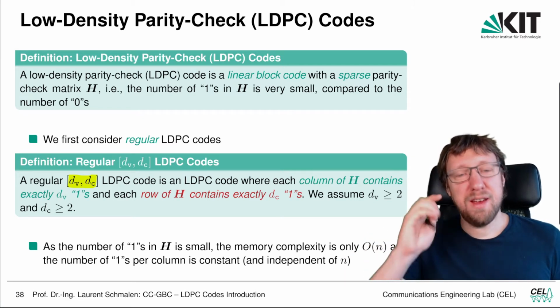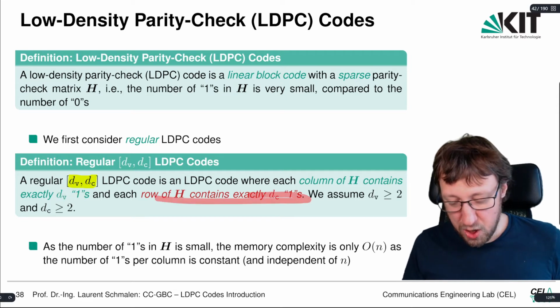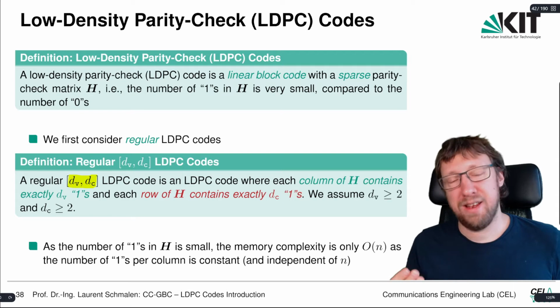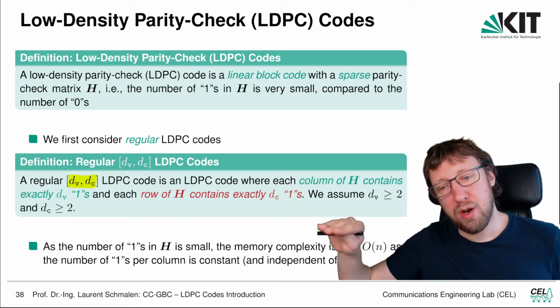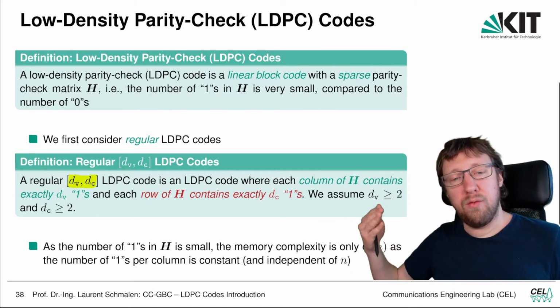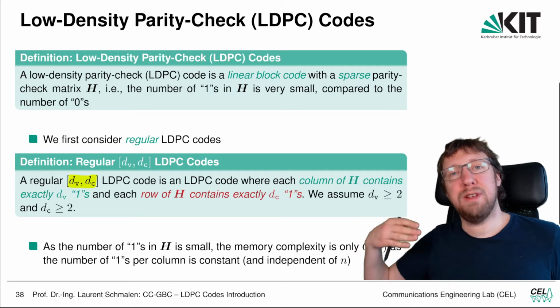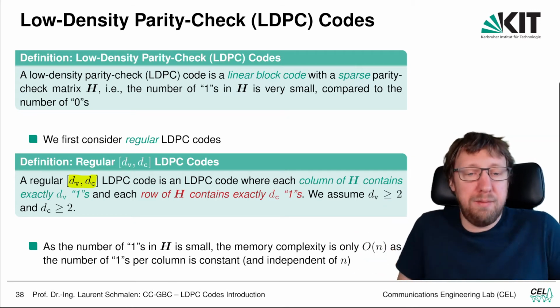So dv is in the column and dc is in the row. dc stands for check, parity check equation. Each row of H corresponds to a check equation, so we have dc ones involved in this parity check. That's a regular LDPC code.